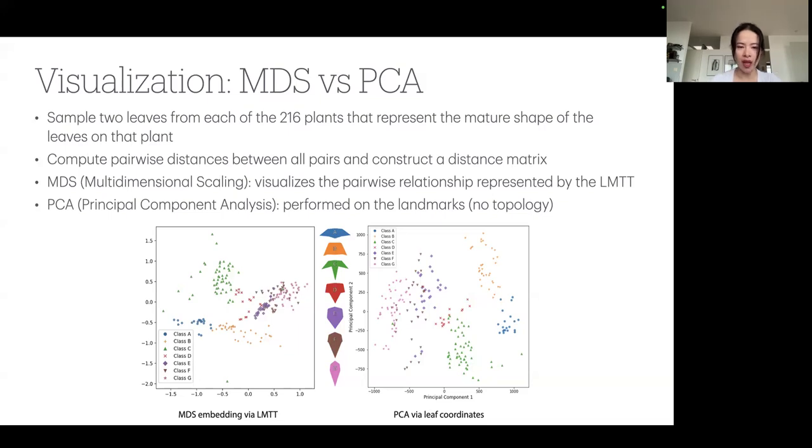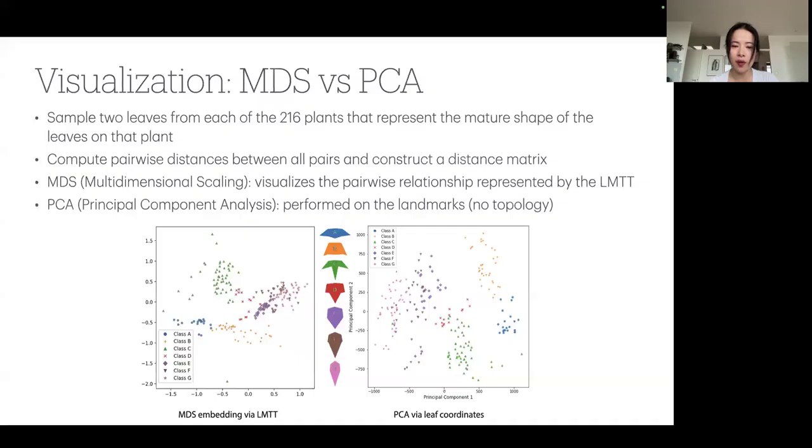And the figure on the left is what we got from our MDS embedding using our topologically informed distance. So what this tells us is that if two points are close together in this embedding, that means they're similar in shape using our distance.